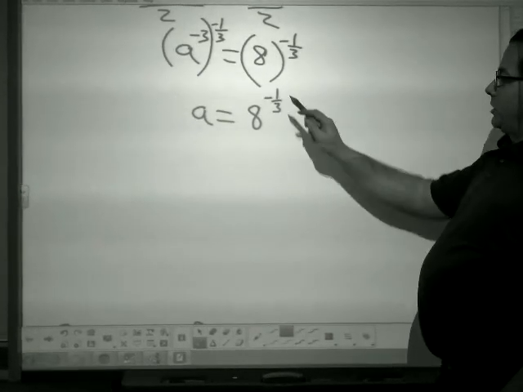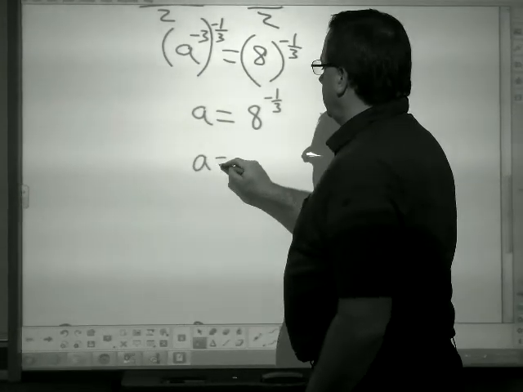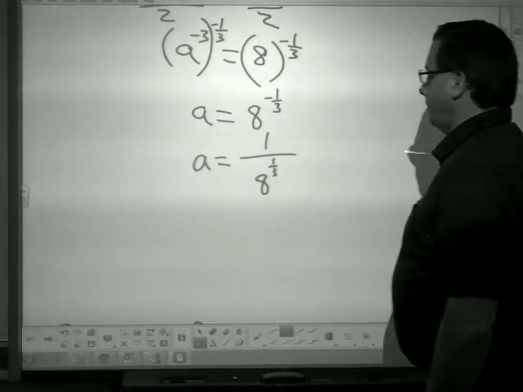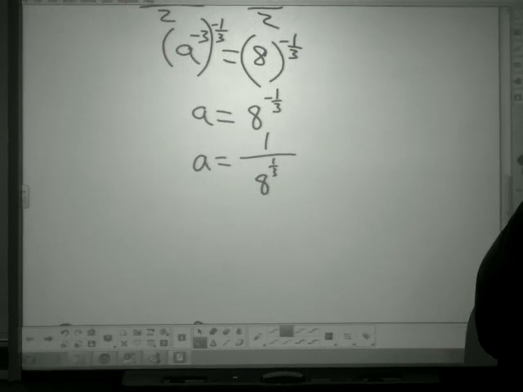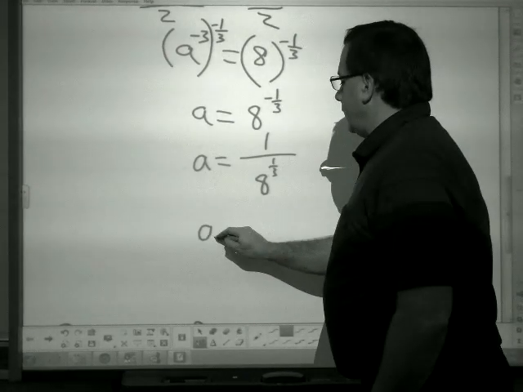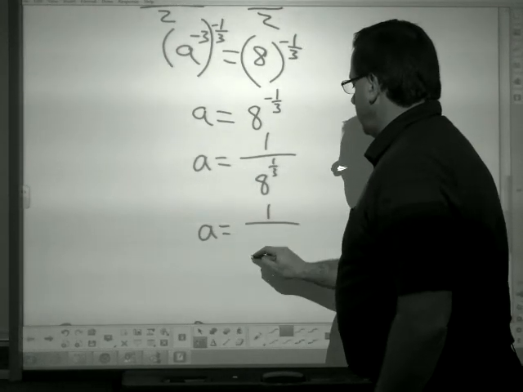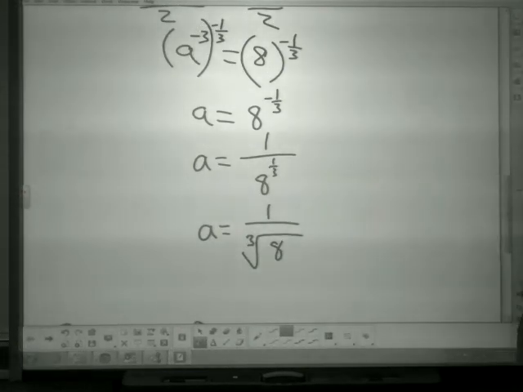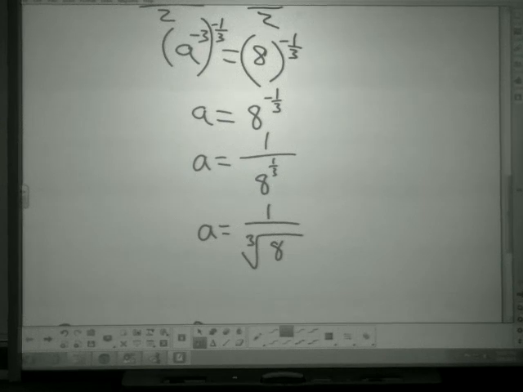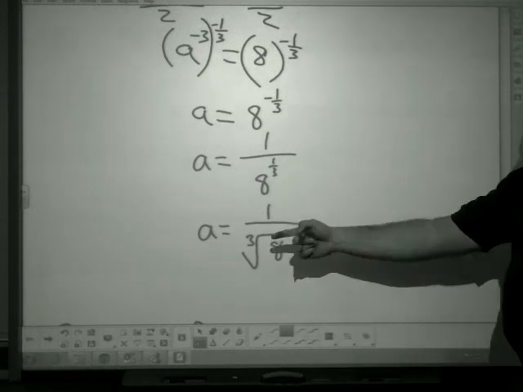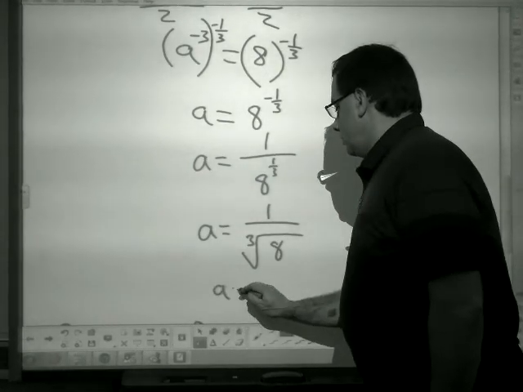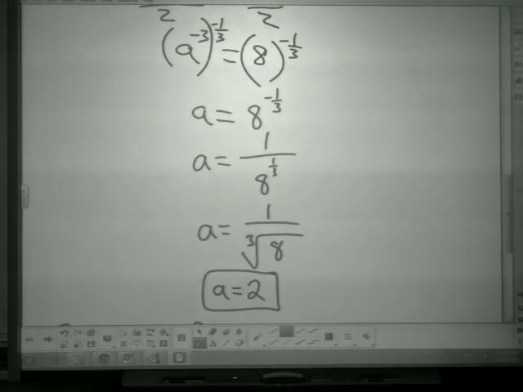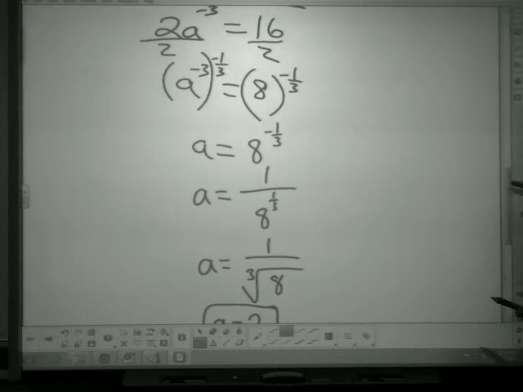I know when I raise something to the negative exponent, it's the same as saying 1 over 8 to that exponent. So 1 over 8 to the 1/3. And now I can evaluate 8 to the 1/3 as the cube root of 8, and the cube root of 8 is 2. So there's my answer.